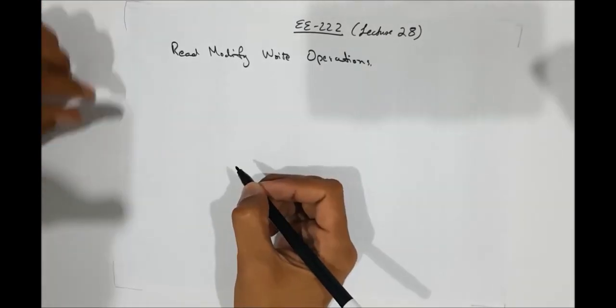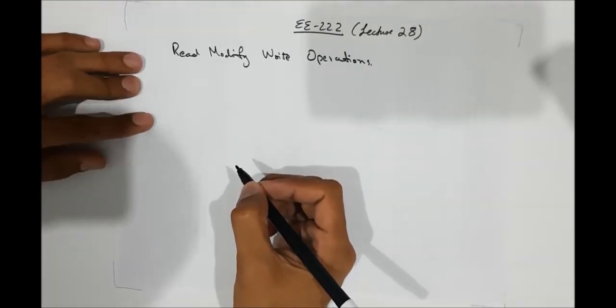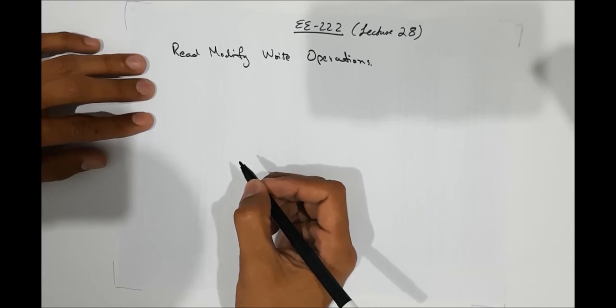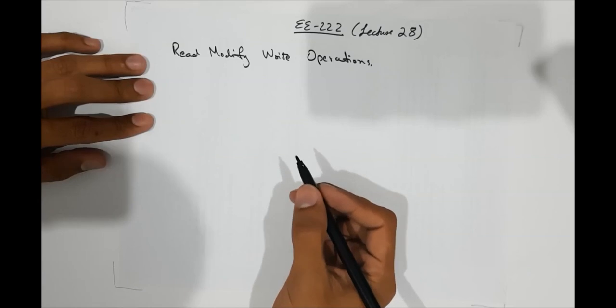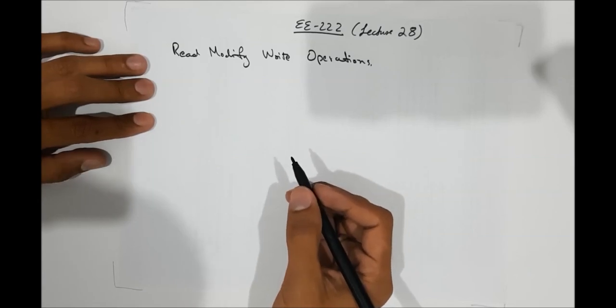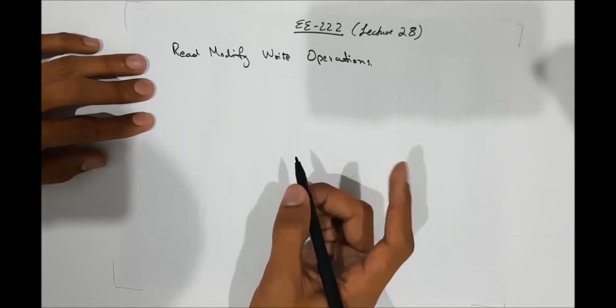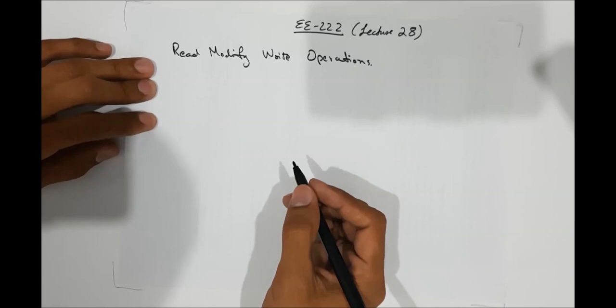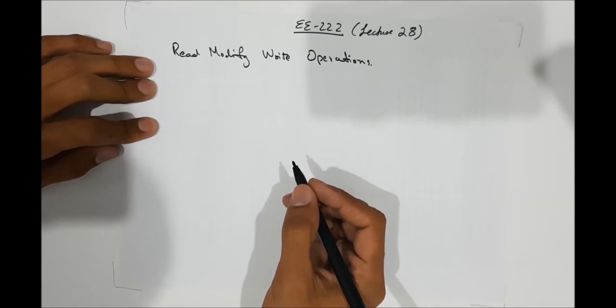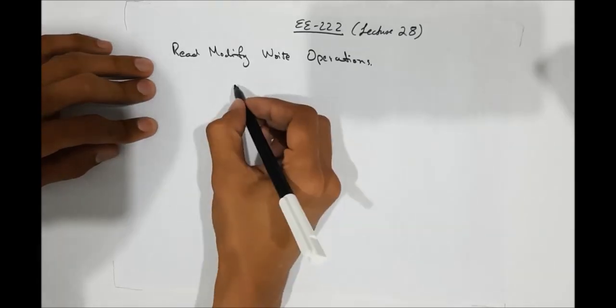Read, modify, write operations are those operations that try to read, modify and write back the contents of a single register using one instruction, not multiple instructions. It can be explained using a simple example of complement.